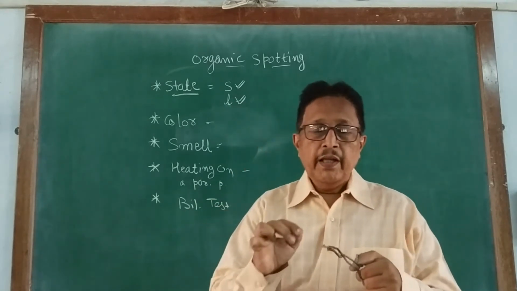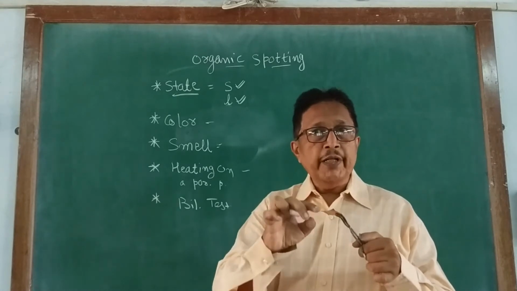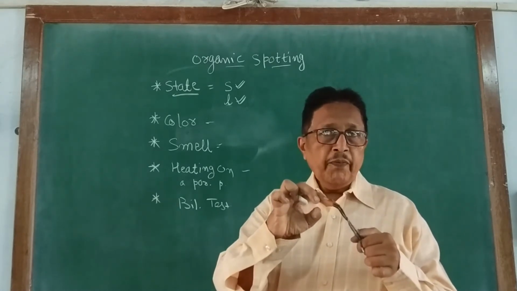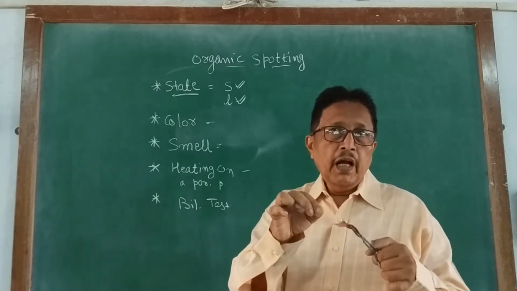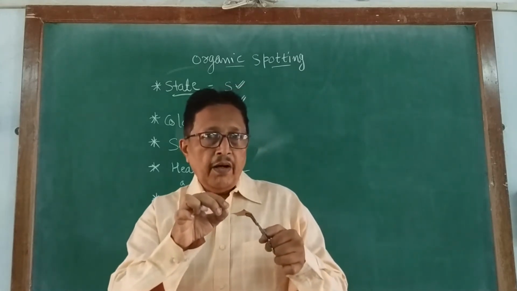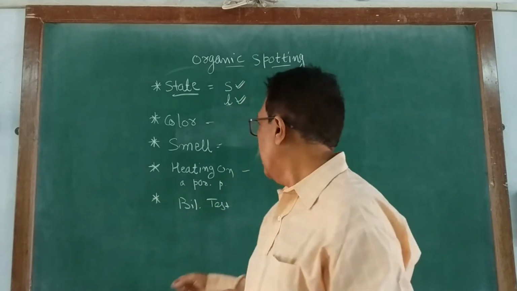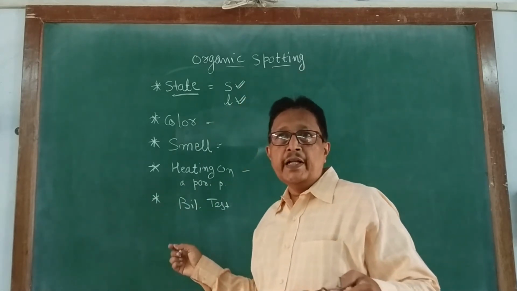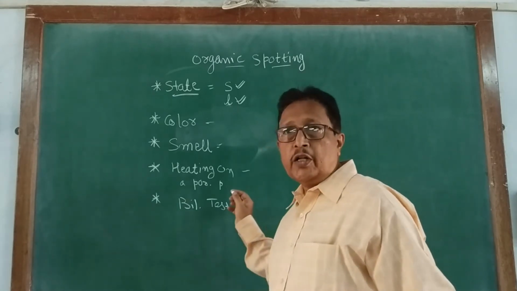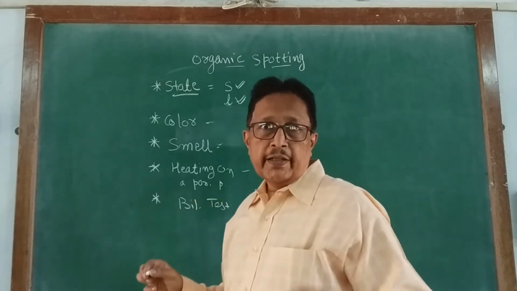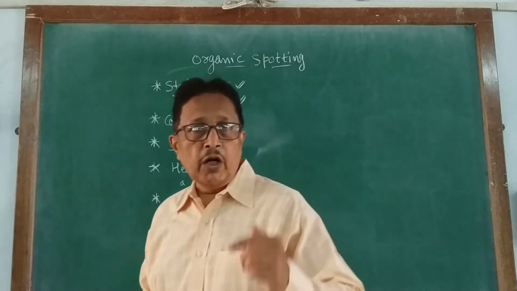After that, removing all the impurities from the copper foil, you just add your substance, and after that, according to the flame you are getting, you have to note down your observation: green flame is there or not.